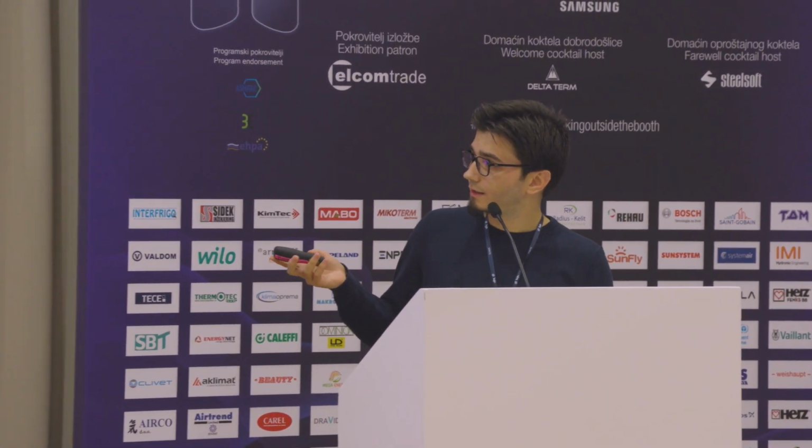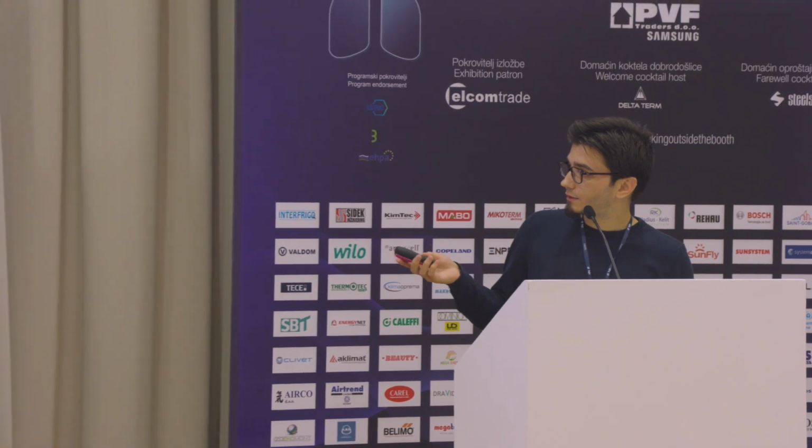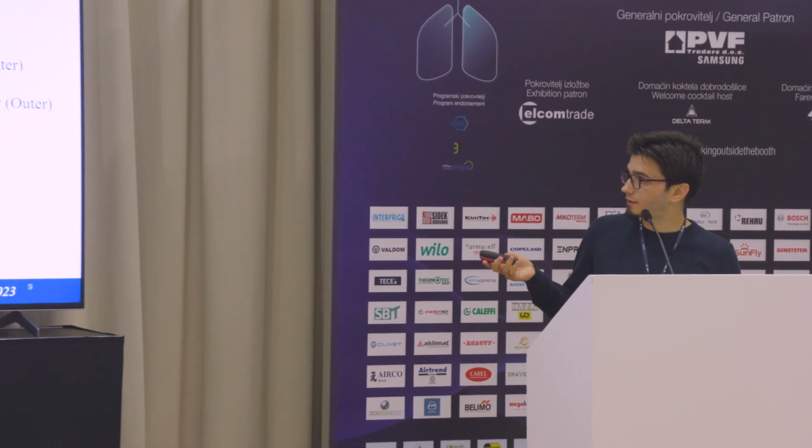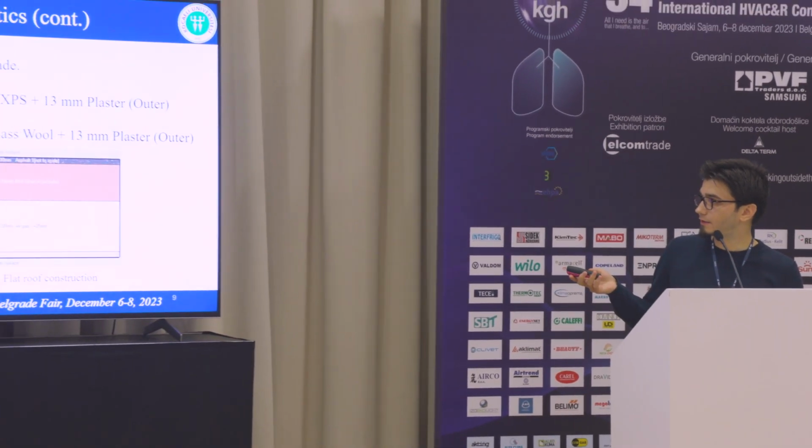For the materials and method, we have a basic 100 square meter building as seen, and these are the building characteristics. Double pane windows with a 30 millimeter air gap were chosen, and the reference walls consist of concrete, 60 millimeter XPS, and outer and inner plasters.